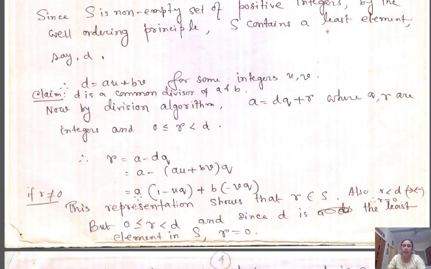So we can write it as a linear combination of A and B, with A multiplied by the integer 1 minus UQ and B by minus VQ.